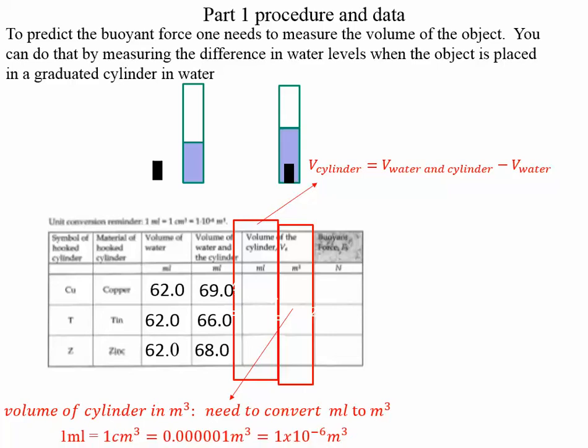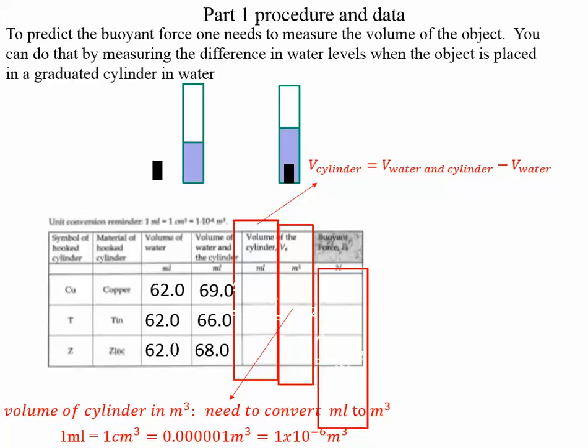A milliliter is a cubic centimeter, and a cubic centimeter is 1/1,000,000th of a cubic meter, which in scientific notation is 1 times 10 to the minus 6. So essentially, converting from milliliters to cubic meters is multiplying by 1 times 10 to the minus 6, which is moving 6 decimal places to the left.